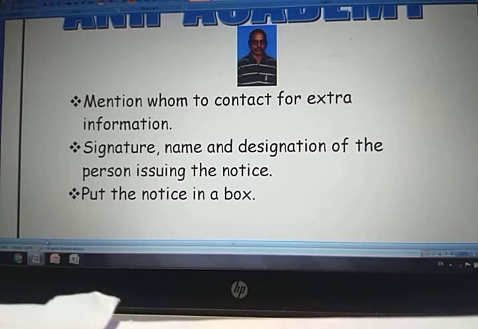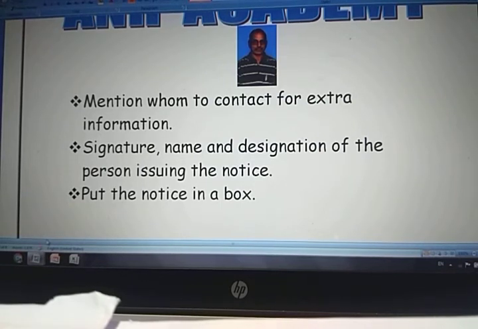At times you may not give all the information, so you should mention, in case you need any extra information, do not hesitate to contact so and so. You should mention to whom a person who wanted to have some extra information should contact. Next, signature, name and the designation. All these things will be given in the question. You need not worry.